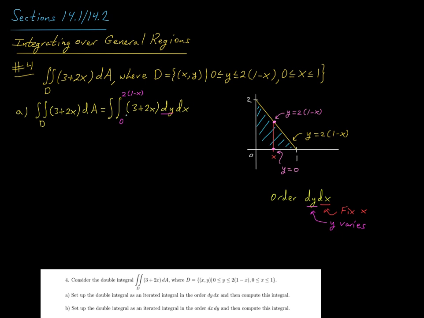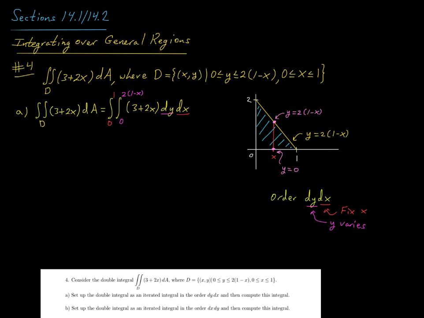Now we think about stacking these vertical strips horizontally as we let x vary from its low bound of 0 to its high bound of 1. We're going to fill out this blue region D with these vertical strips as we stack from 0 to 1 for x. So for the x variable, it's going to go from 0 to 1.